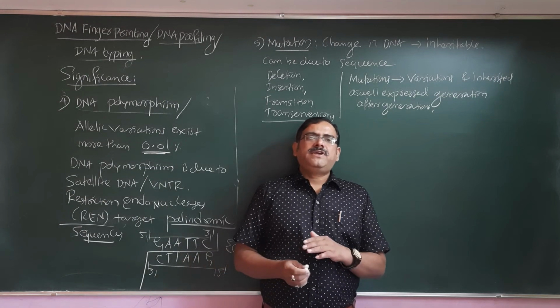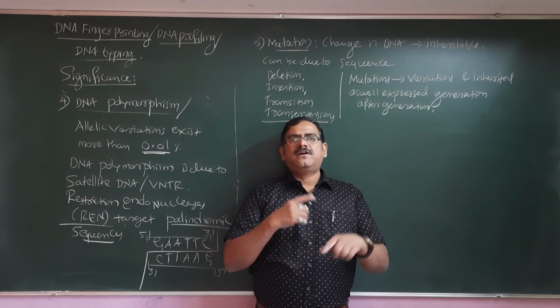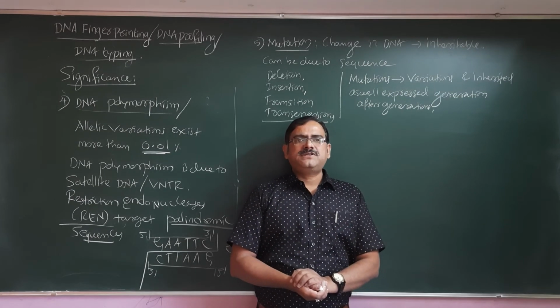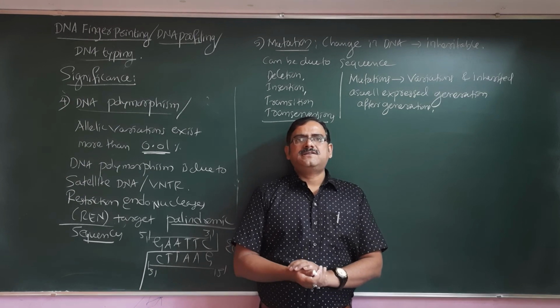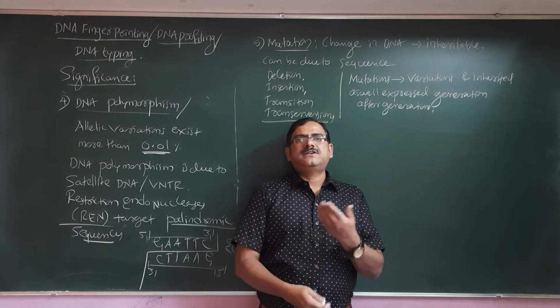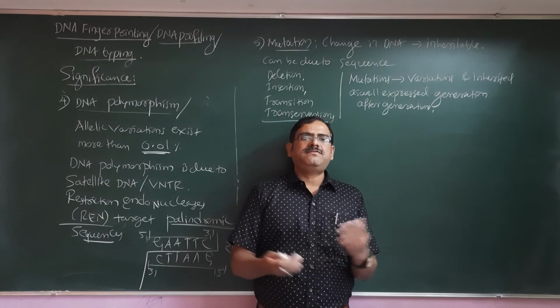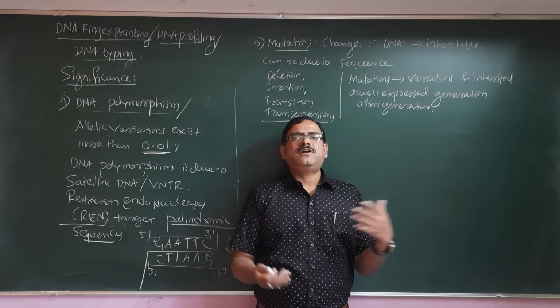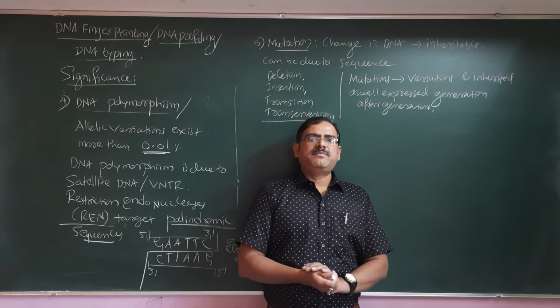There may be point mutation, where one base changes or exchanges its position with another. Transition means adenine and guanine change their position, cytosine and thymine change their position. Transversion, adenine with thymine, guanine with cytosine, may change their position. This kind of change brings the mutation.